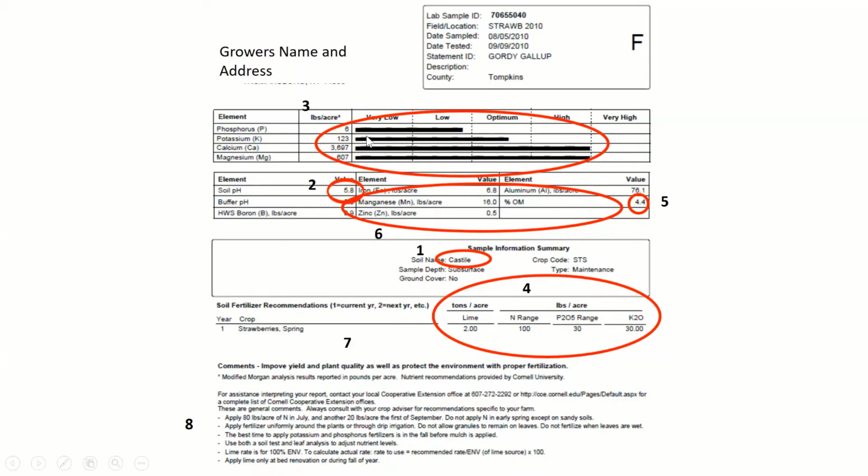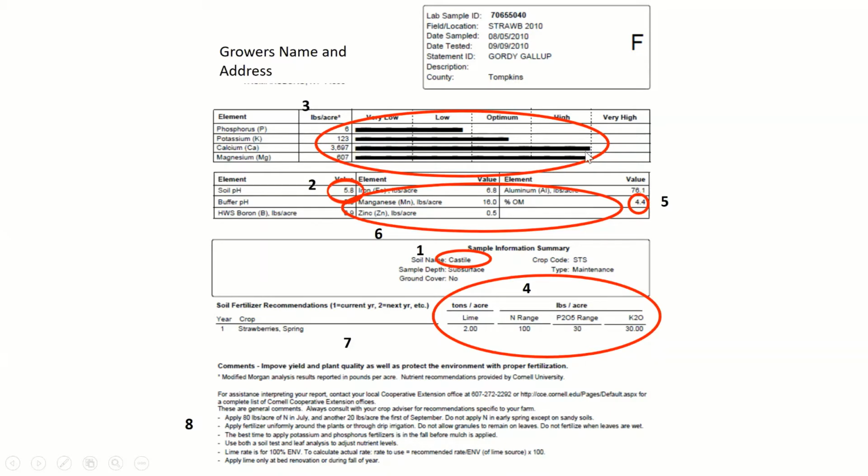And this bar chart is an easy way to help you understand. It does give the pounds per acre that are available, but then it shows you relative to what your crop needs, where that nutrient is. In this particular case, this is 6 pounds per acre, and it's still on the low side, whereas calcium and magnesium are both high, although not in the very high realm.